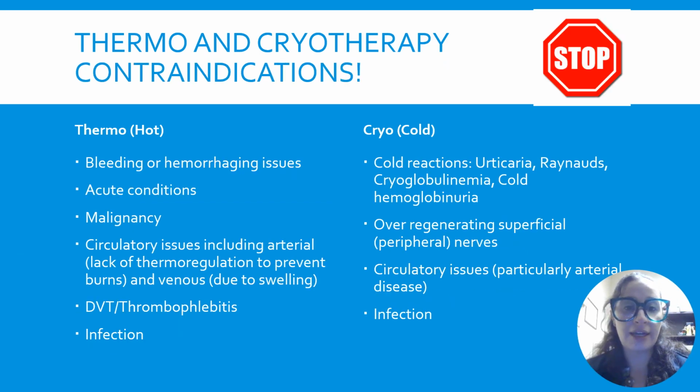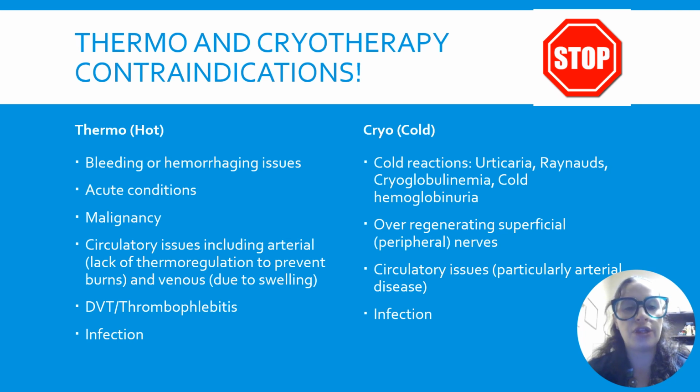As I've always said, one thing you do have to know about mostly everything, if you don't have time to look at everything in a subject, at least know when to not do it. And so these are just the contraindications, maybe some precautions, of hot and cold. Definitely know those.